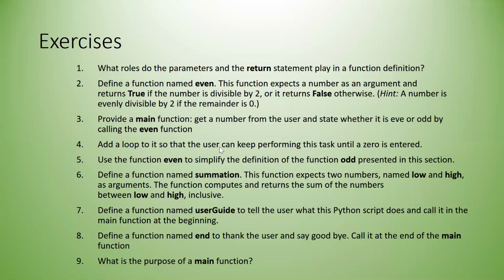So this is the end of chapter exercise in chapter 5. So what roles do the parameters and the return statement play in a function definition? The parameter is a placeholder. If you think about it, okay, with math, you will have some function, a formula, for example, you have x plus y, right?